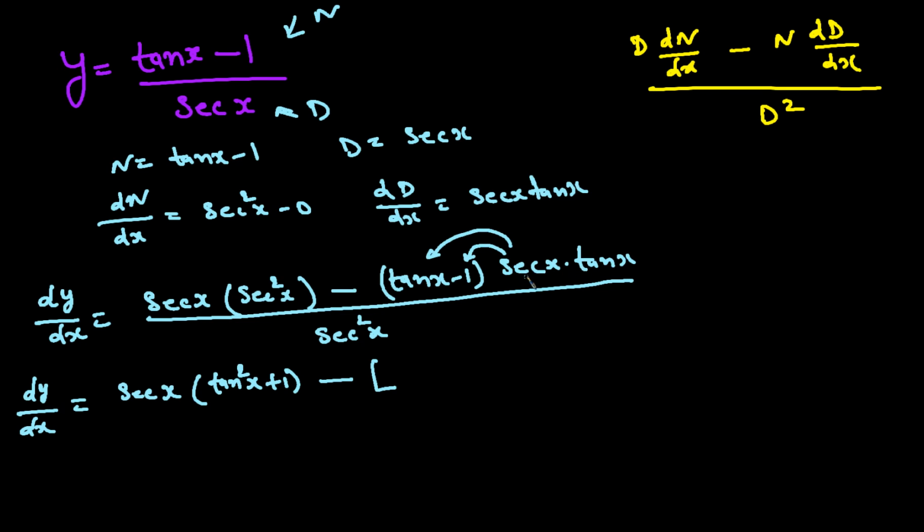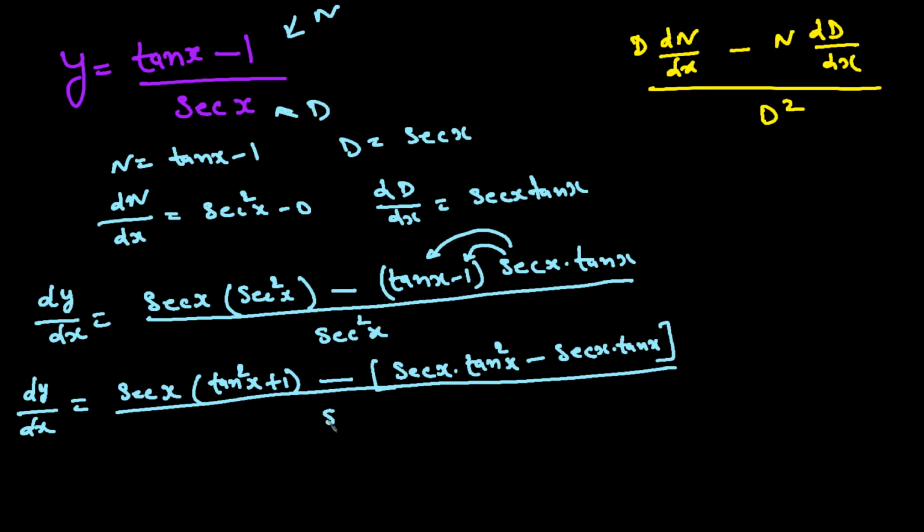Secant x tangent x multiplied by tangent x gives me secant x tangent square x, minus secant x tangent x multiplied by 1 gives me secant x tangent x, divided by secant square x.